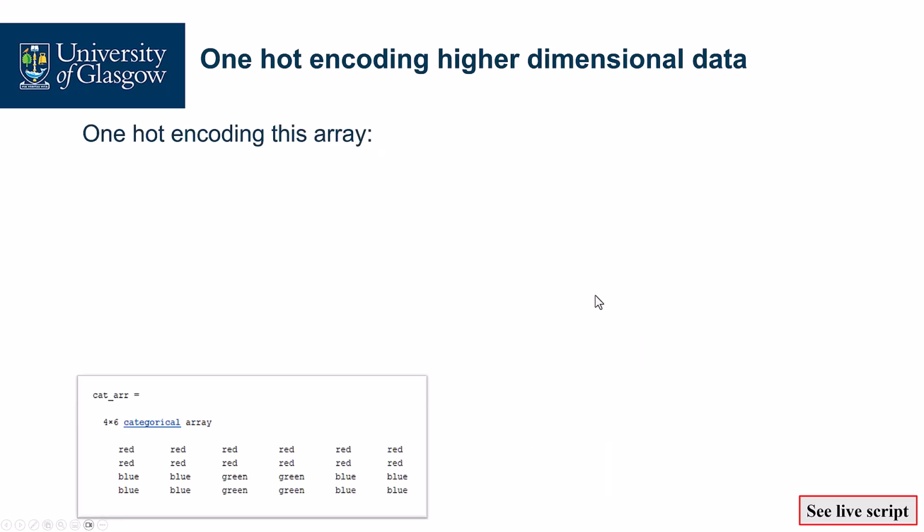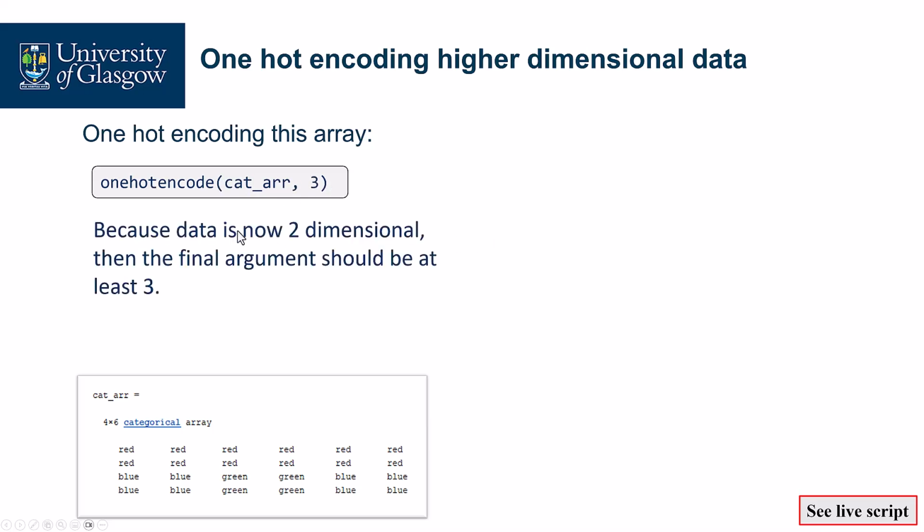So how can we carry out one-hot encoding? We still use the function one-hot encode. So the array, comma 3. So why do we use 3? As I've said, the data have 2 dimensions, and so this one should at least be larger than that. We use a 3. Then the generated one-hot encoded data has what kinds of dimensions? Remember, this is 4 by 6.